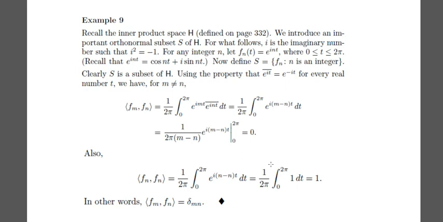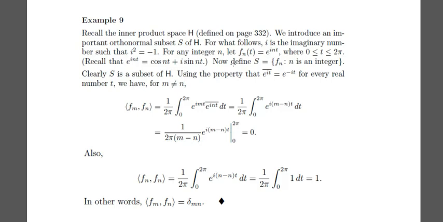Now let us see the last example. Inner product space H of continuous complex valued functions on the interval 0 to 2 pi, where we define the inner product of f, g as 1 by 2 pi integral 0 to 2 pi f(t) g(t) bar dt. Now we introduce an orthonormal subset S of H. i is the imaginary number such that i squared is equal to minus 1.